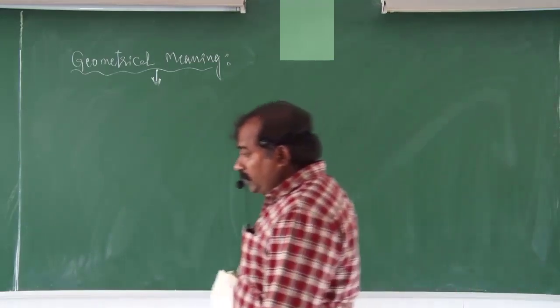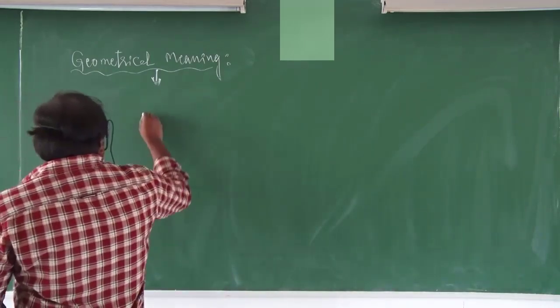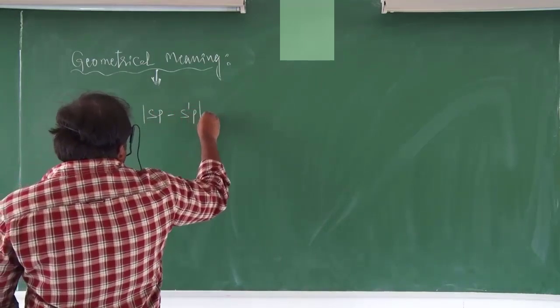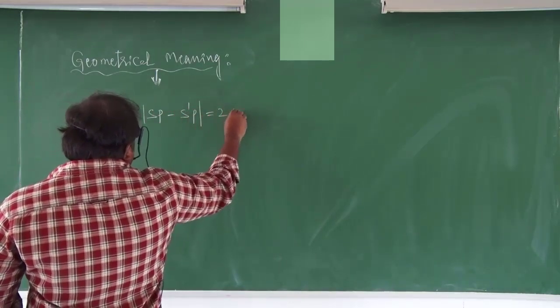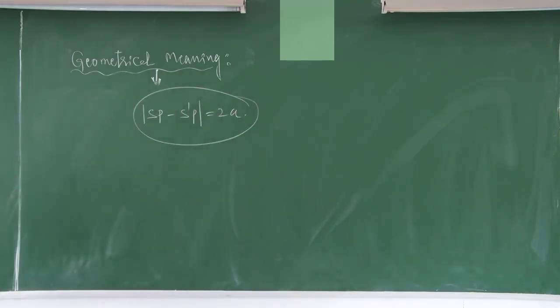Next one, hyperbola. Even for the hyperbola we gave SP minus S dash P equal to 2A. This is the equation we gave; you may cross-check once.